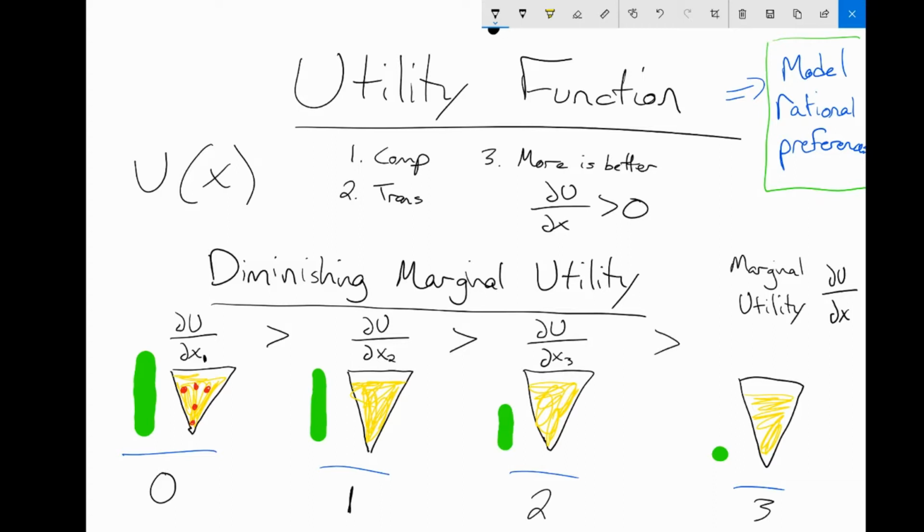And that's going to be even bigger than the marginal utility I get from the fourth piece of pizza. I'm not sure if this is the best way to write this. Let me change the way I write this. So this is the marginal utility I get from the first piece, marginal utility I get from the second piece, marginal utility I get from the third piece, marginal utility from the fourth piece.